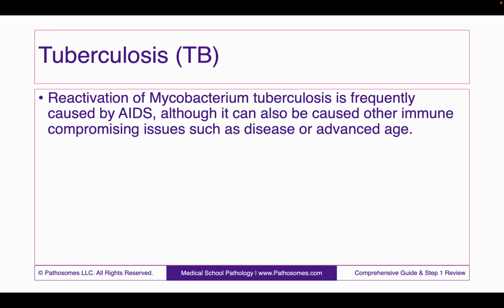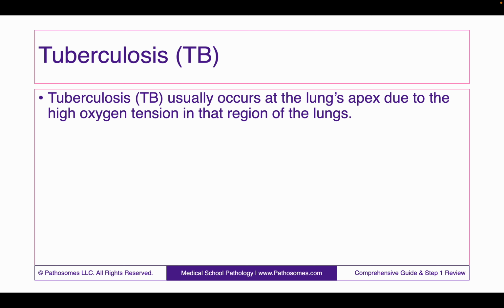Reactivation of Mycobacterium tuberculosis is frequently caused by AIDS, although it can be caused by other immune-compromising issues such as disease or advanced age or immunosuppression, etc. Tuberculosis usually occurs at the lung's apex due to the high oxygen tension in that region of the lungs.